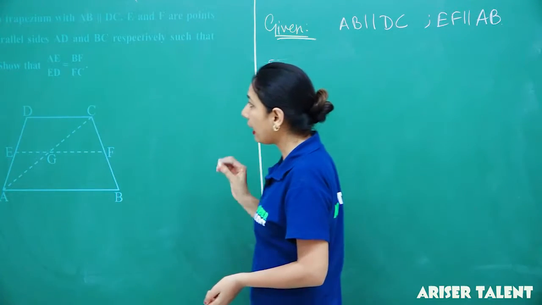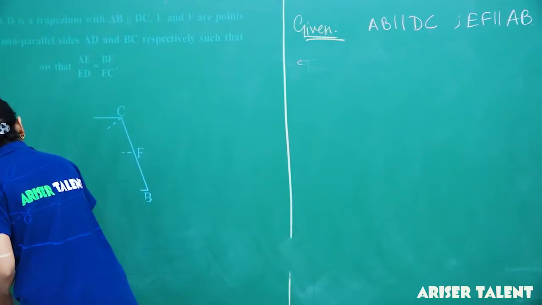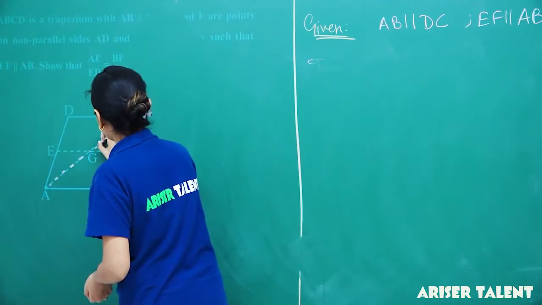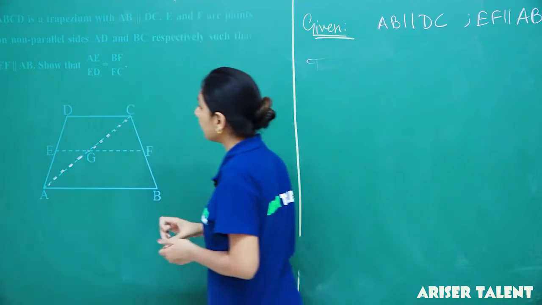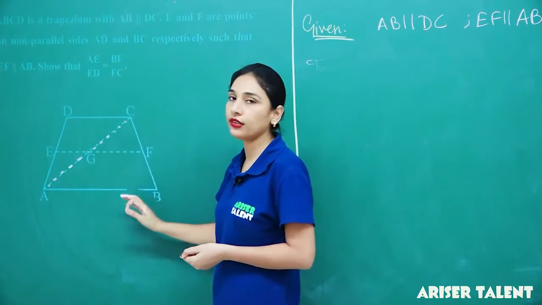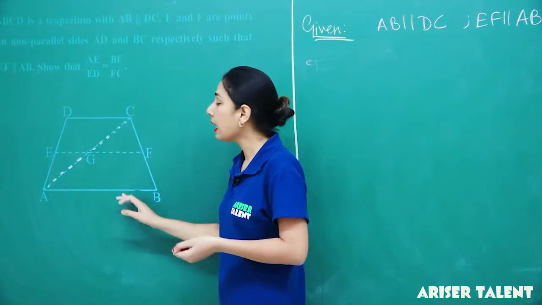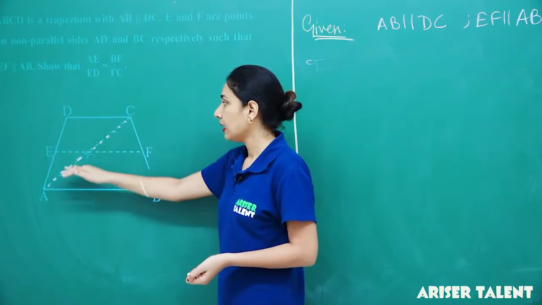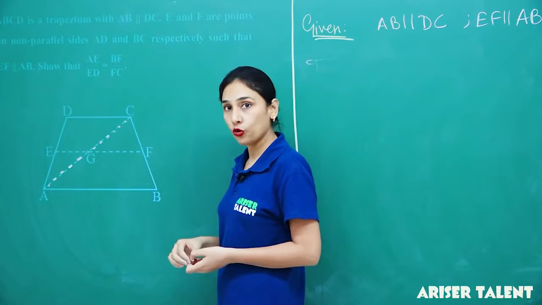Now, what I have done, we have constructed this line. This is a construction, right, students? You are seeing this line, this is our construction. This is not given in the question, but we have constructed it and assumed that at a particular point G, it cuts the parallel line EF.